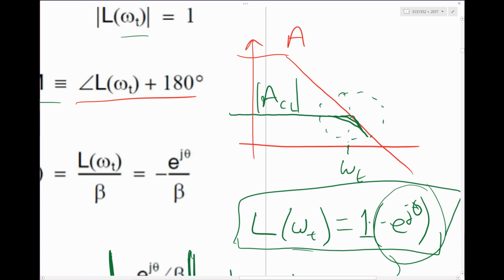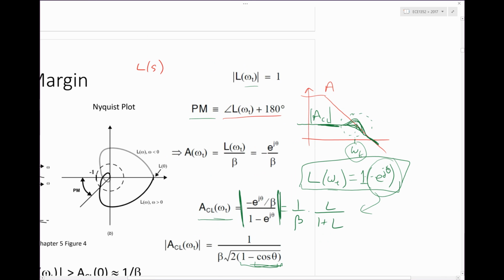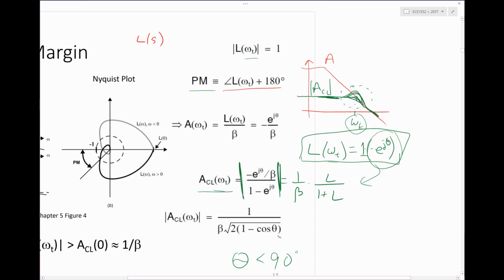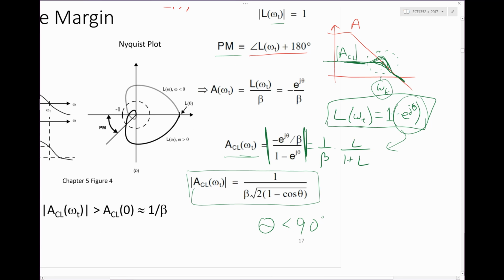Once that term becomes less than 1, this starts getting nudged up. And in fact, if theta is less than 45, you actually start getting this. It doesn't change the behavior out here, and it doesn't change the behavior out here. But around omega t, you have this function describing the magnitude response right at omega t.